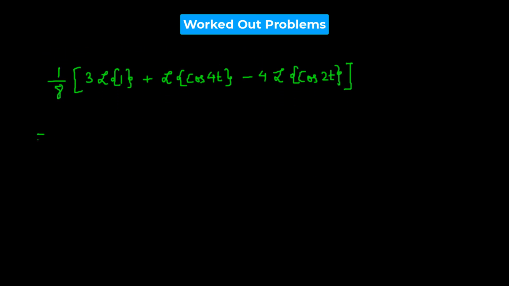So that gives us 1 over 8 multiplied by 3 times the Laplace transform of 1, which is 1 over s, so we have 3 over s, plus the Laplace transform of cosine of 4t, which will be s divided by s squared plus 4 squared, so 4 squared is 16, minus 4s divided by s squared plus 2 squared, so 2 squared is 4.